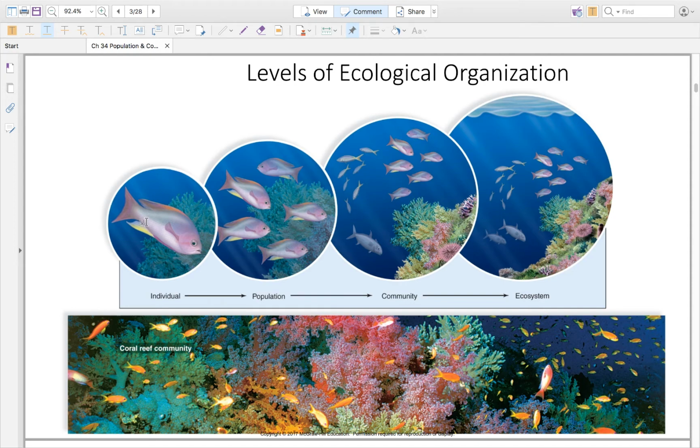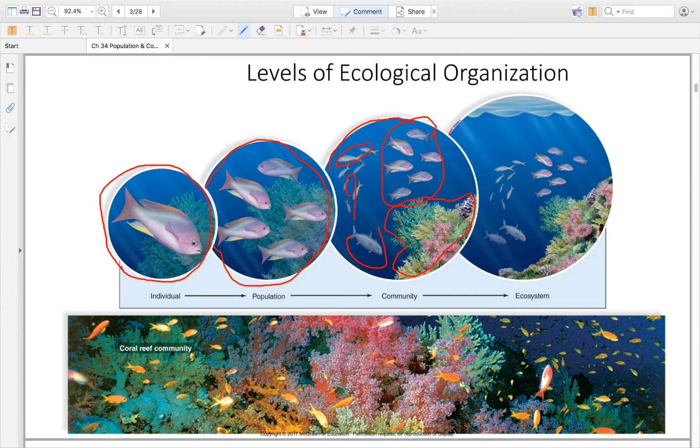So if we look at the levels of ecology, there's individual ecology where they study just the organism itself. In this case, it's this fish, or a population, which is a school of fish. The community is going to be those fish and other fish, these guys over here, not to mention these guys too, coral, which are technically alive.